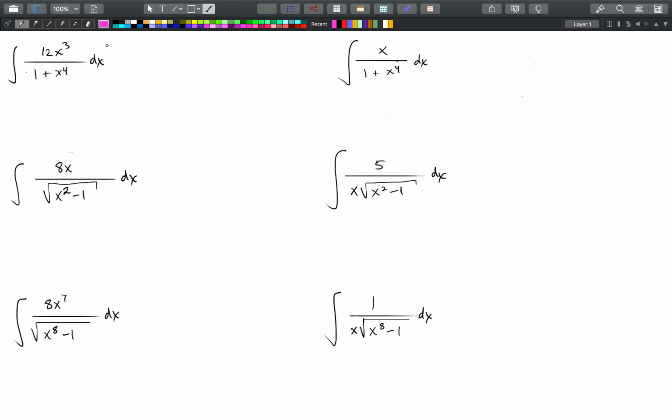This first problem is a simple u sub where we set u to 1 plus x to the fourth and du to 4x cubed dx. We can deal with the 12 and the 4 and sort out what constant needs to be used after going through the u sub. But what is noteworthy about the situation is the degree 1 difference.